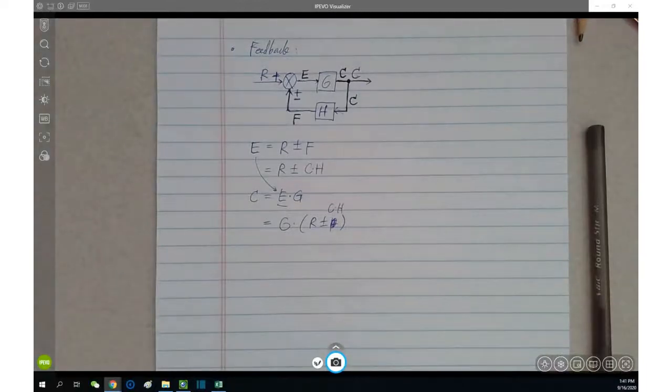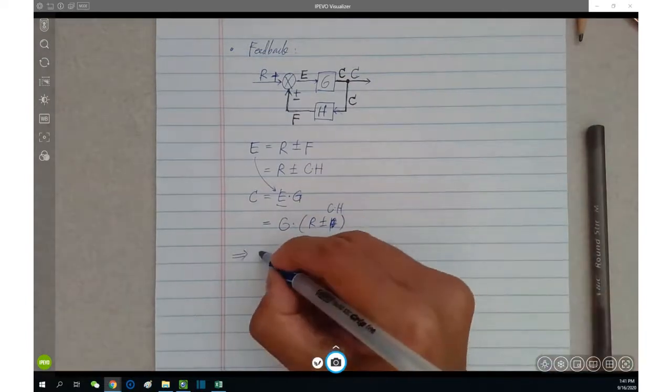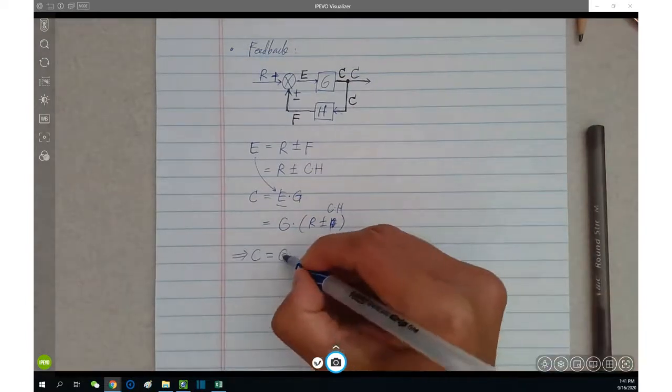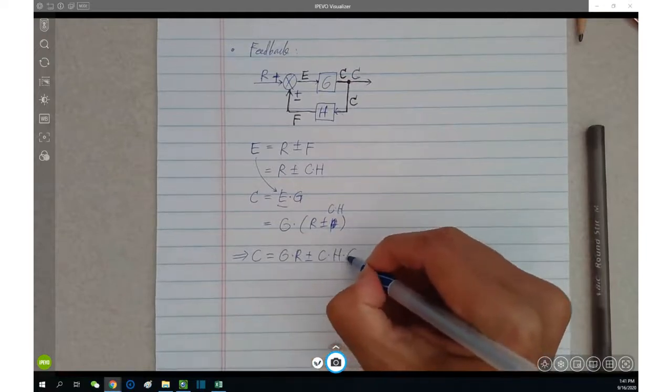Is everything clear? If so, then we can derive C equals G times R plus or minus C times H times G.